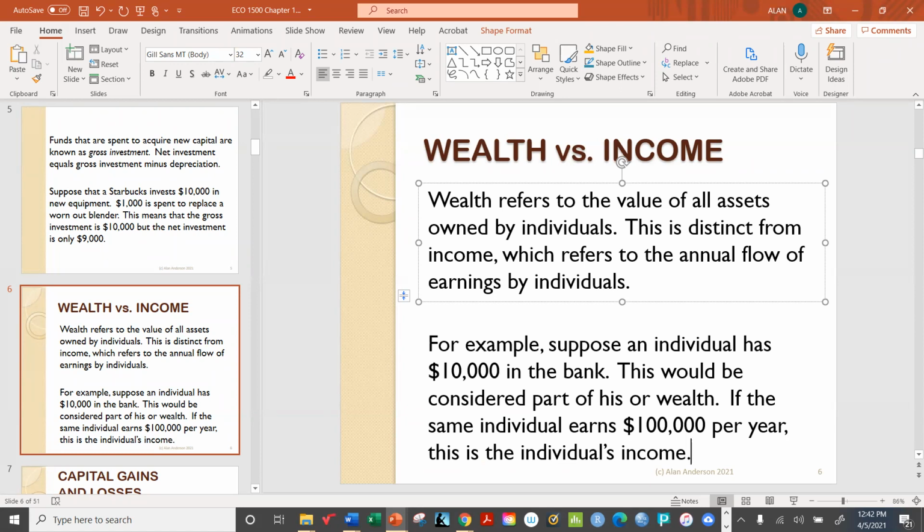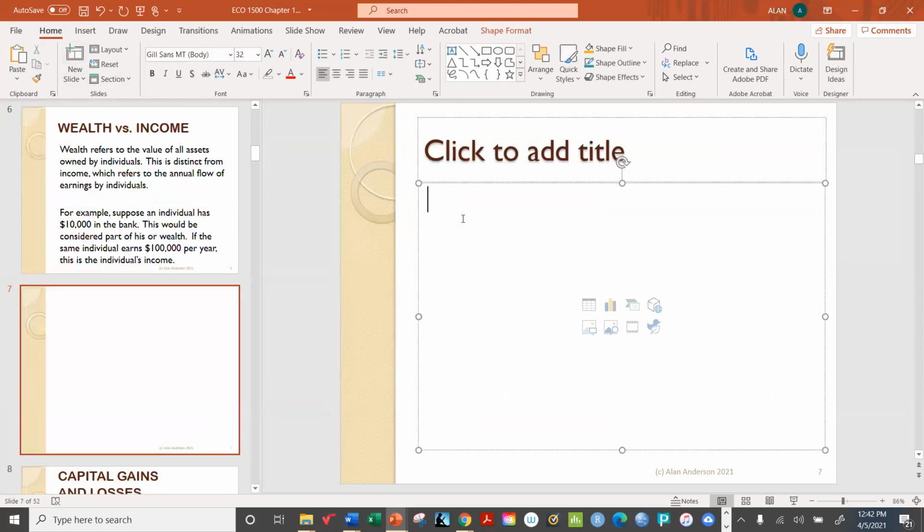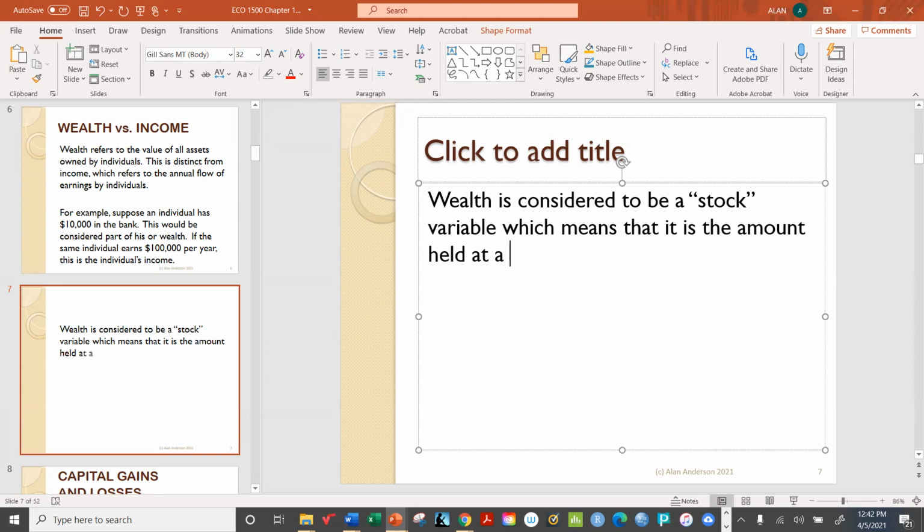That's what we call a flow variable in economics, meaning it's so much per year. So the distinction between the two is that wealth is considered to be a stock variable, which means that it is the amount held at a specific point in time.